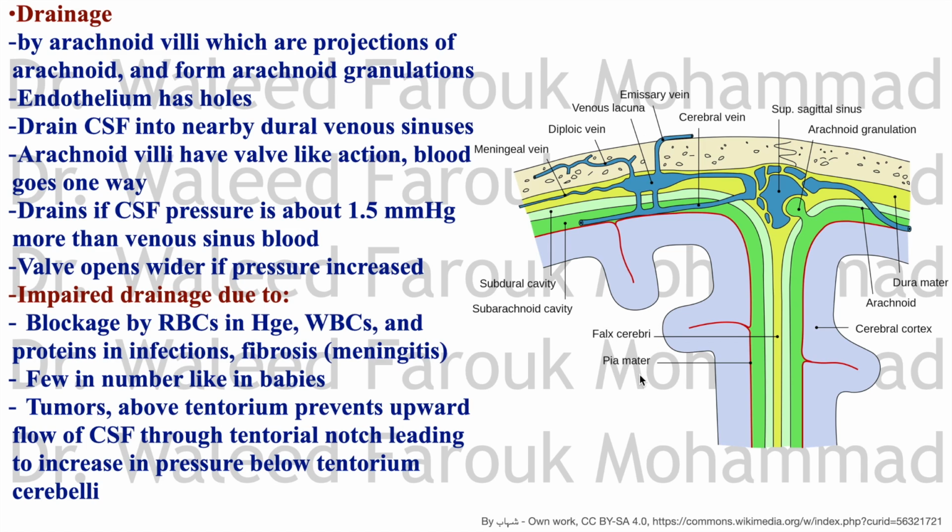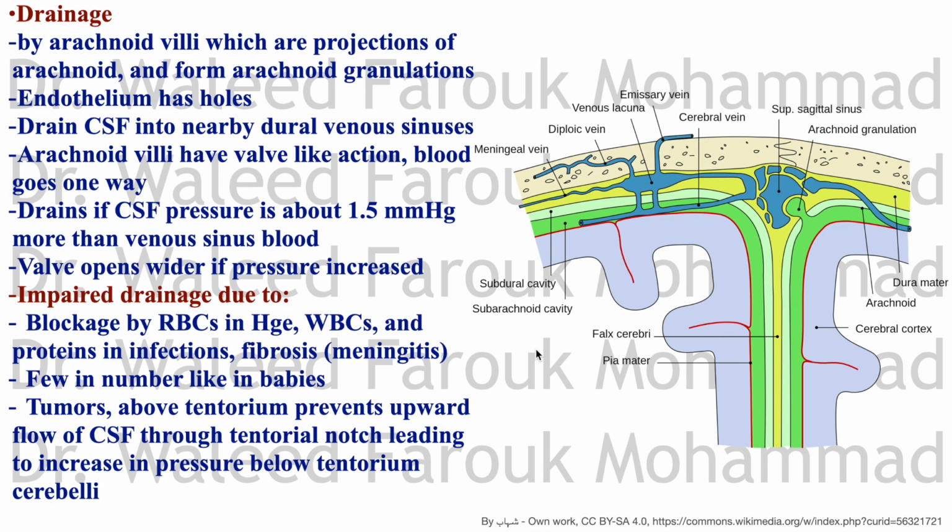And the arachnoid villi have a valve-like action, meaning the CSF passes in one direction from the subarachnoid space to the blood. Drainage occurs if the CSF pressure is about 1.5 millimeters mercury more than the venous blood in the sinus.